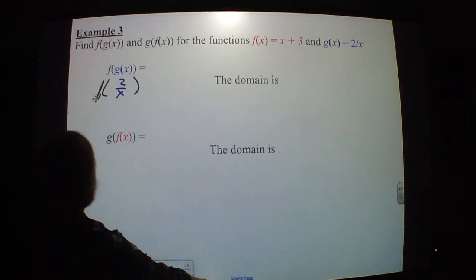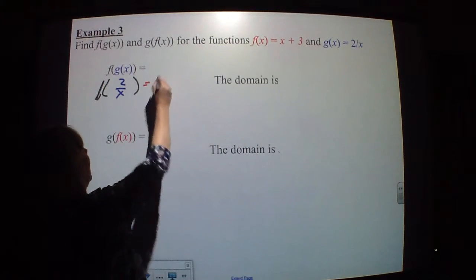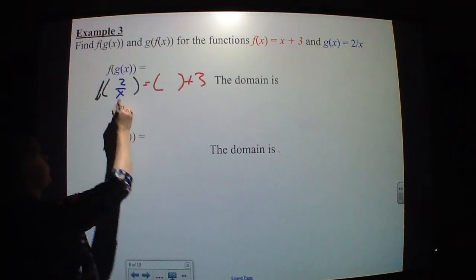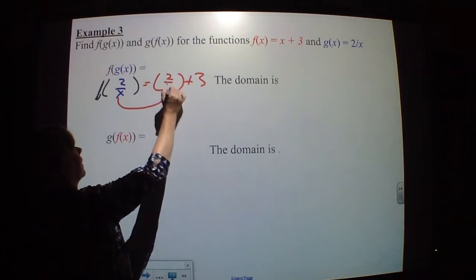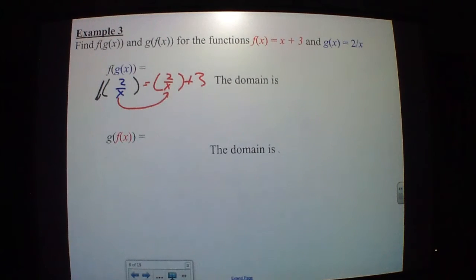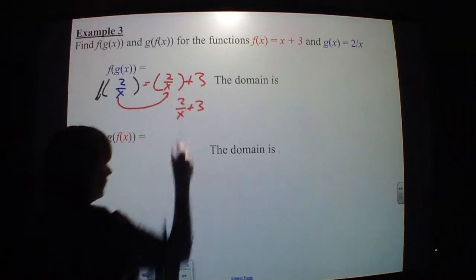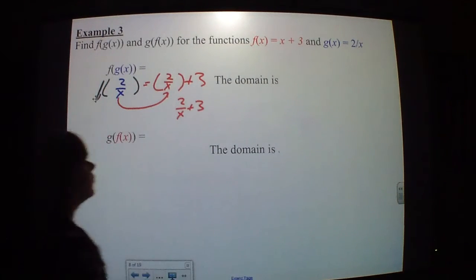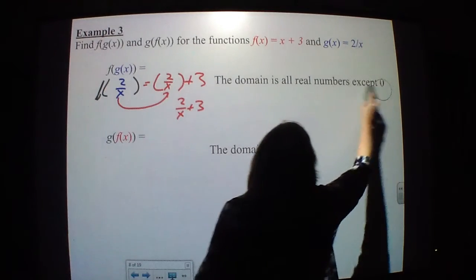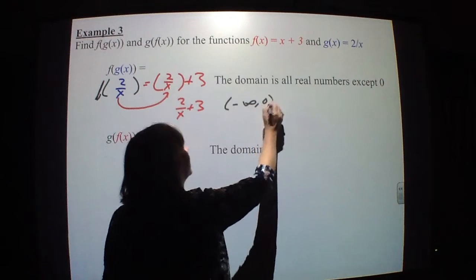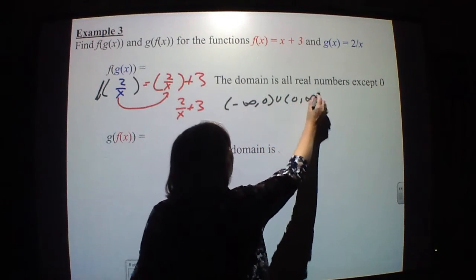And for the f function, instead of x plus 3, I have 2 over x, because I'm plugging that in for my x. So it's 2 over x plus 3. Domain, again, all real numbers except 0. Negative infinity to 0, union 0 to infinity.